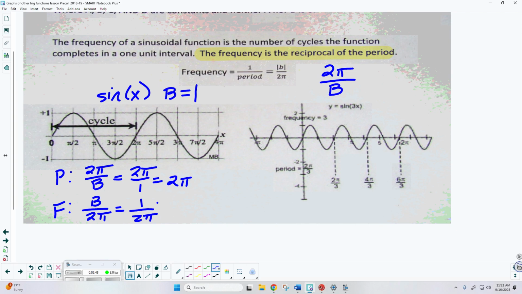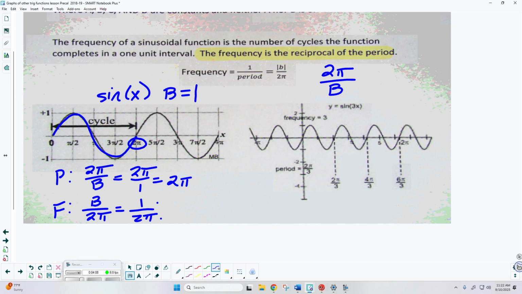That's the number of times it's going to repeat. The denominator is how many radians it's going to need for that number of repetitions. So this is telling me that we should have 1 cycle, 1 repetition in 2 pi radians, and that's exactly what we have. Because once we hit 2 pi, then it starts to repeat again because it's periodic.